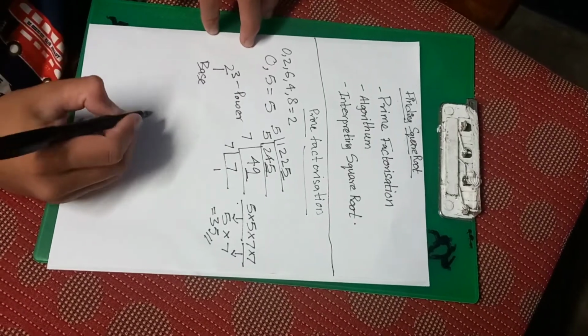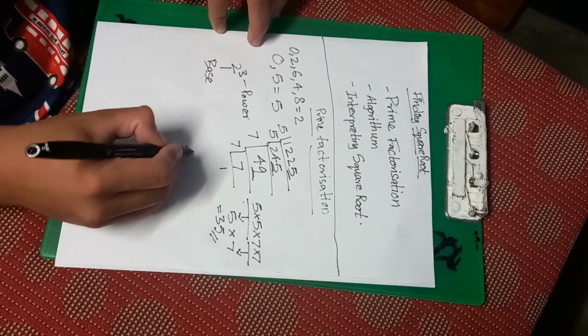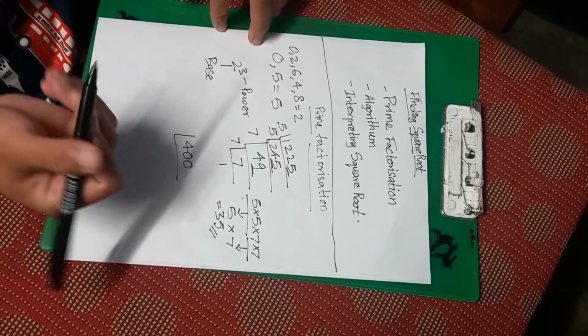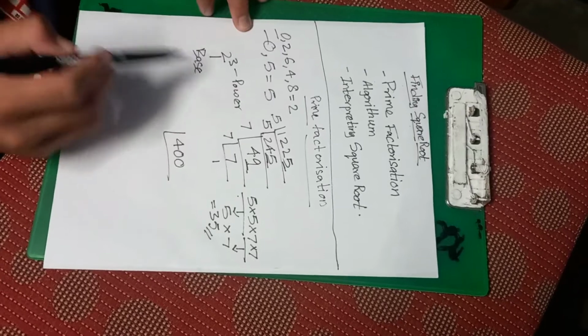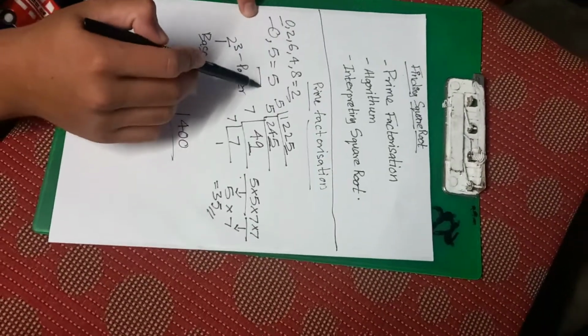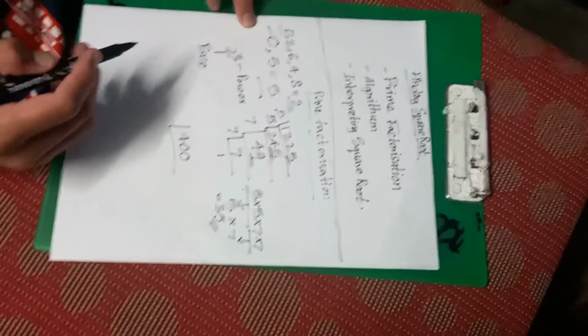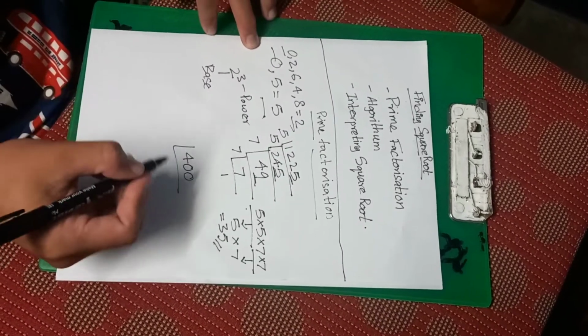Let's do another question with 400. Both digits are 0, so we can divide by 2 or by 5. If you feel you can do it with 5, then do it with 5.